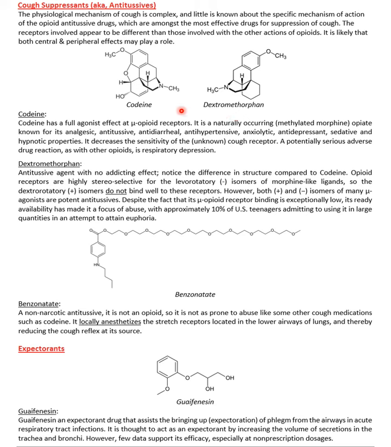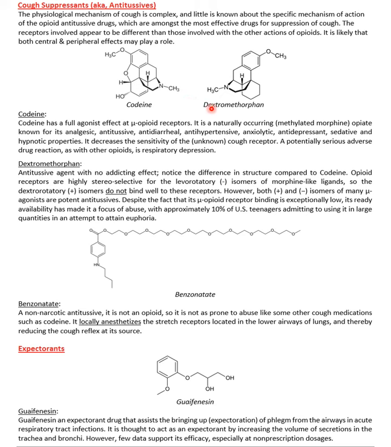Dextromethorphan is actually very similar to codeine if you compare these two structures, except we have removed some parts here that were not necessary for the activity of the drug. They can still bind to the mu opioid receptors.